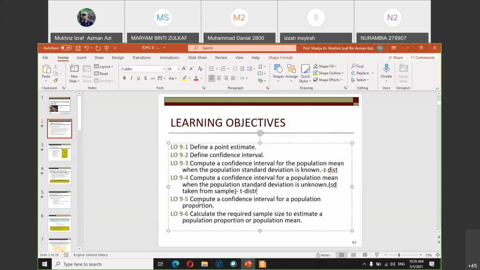For population proportion, usually we are going to use the Z distribution. We're going to look at this concept this week, and hopefully by the end of this week on Thursday we can finish the whole of this topic.